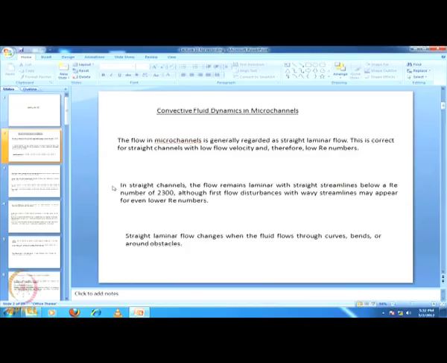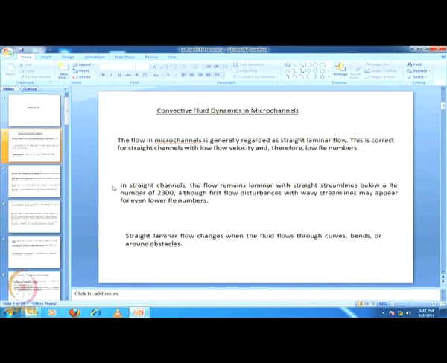So, we are going to concentrate today on flow in microchannels, which are generally regarded as straight laminar flow, but in straight channels the flow remains laminar below a Reynolds number of 2300.